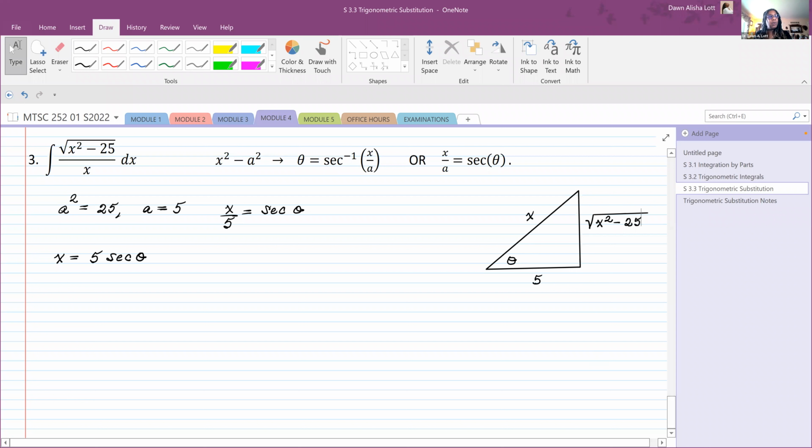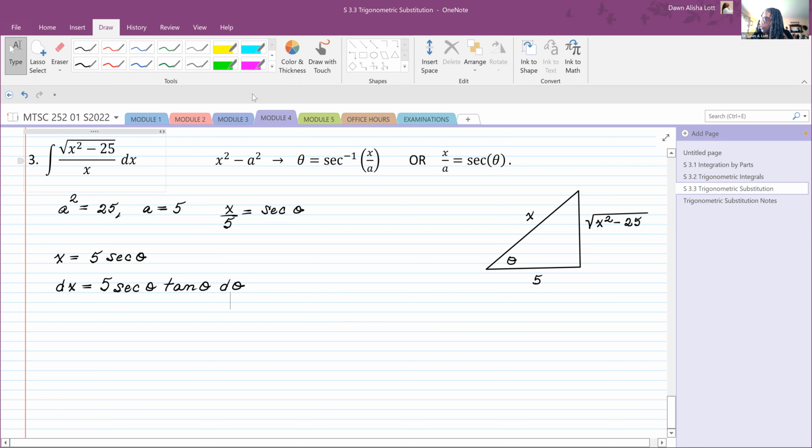In this problem, I need an x, a dx, and an x squared minus 25. So I have x. dx is 5 secant theta tangent theta d theta. Okay, that's good.